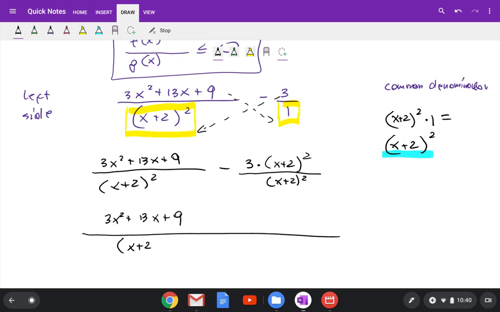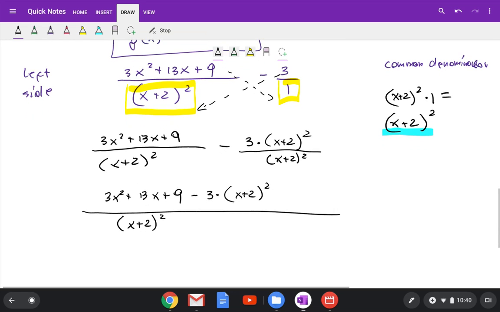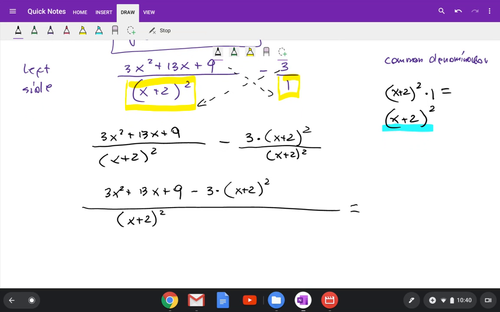So we keep one common denominator and we combine our numerators. So 3x squared plus 13x plus 9 minus 3 times (x plus 2) to a second power, and we simplify the left side. Okay, denominator, it's perfect. Don't FOIL, don't do anything.